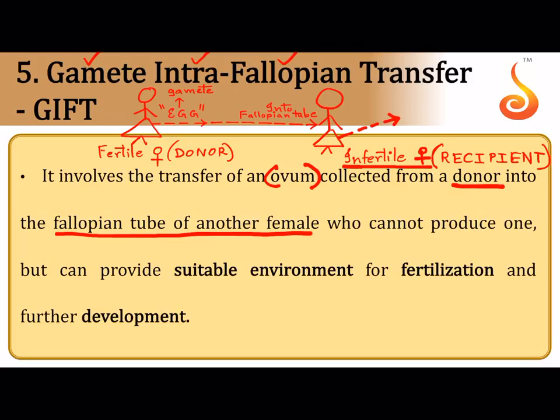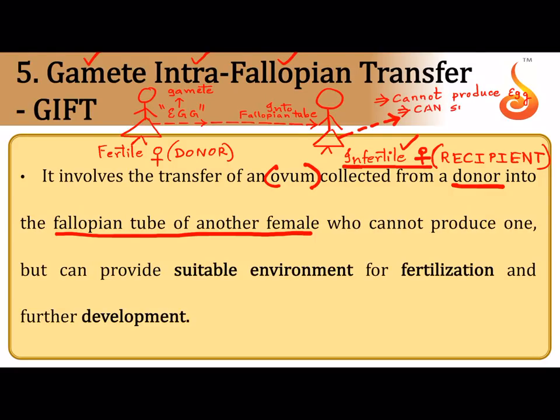So egg is collected from a fertile donor and transferred into the fallopian tube of the infertile donor. Now another thing is, this infertile donor, she cannot produce egg. That's why she wants a donor egg. She cannot produce egg, but the advantage is her reproductive organs are normal. Her uterus is normal. So what can she do?